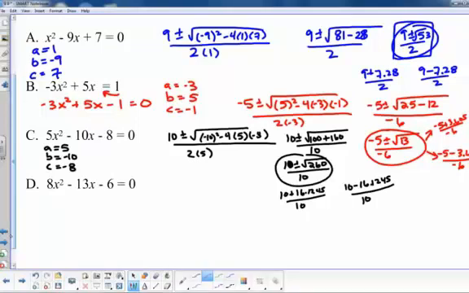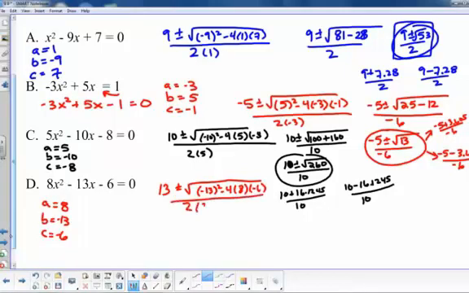And last, A is 8, B is negative 13, and C is negative 6. Negative B, plus or minus square root b squared minus 4ac divided by 2a.